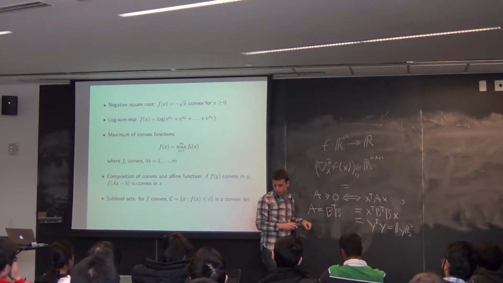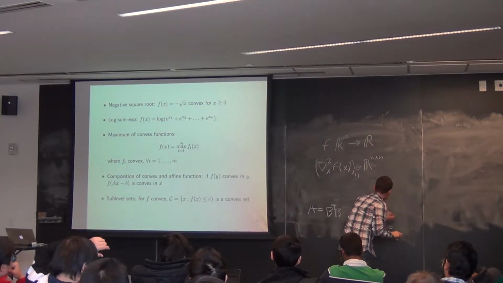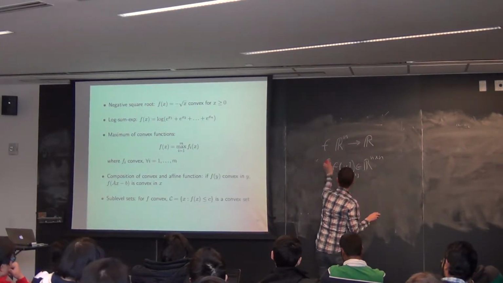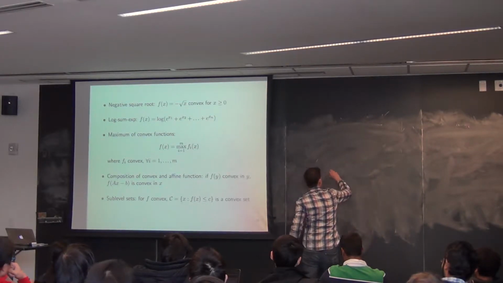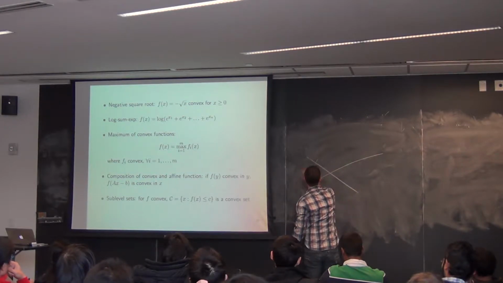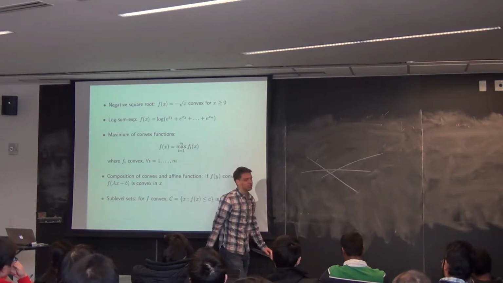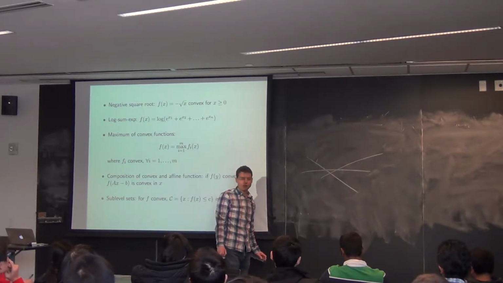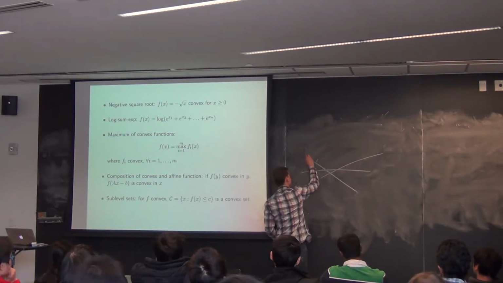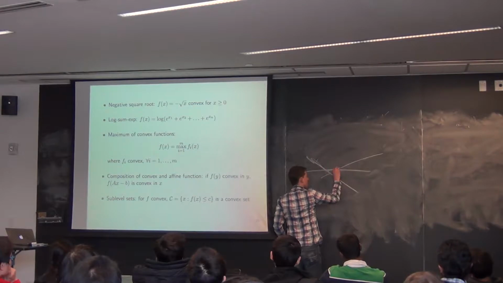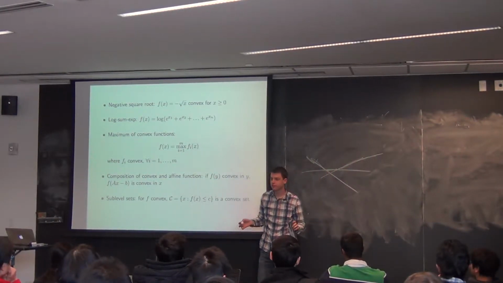So for example, if you had a bunch of linear functions, which we know are convex because they're affine functions, which are all like lines, right? Doesn't really matter what I draw here. Okay, so if we take the maximum value of the maximum function at every point, that would be this thing here. And that maximum is a convex function.